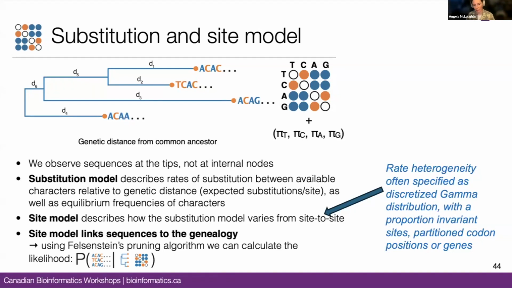And then the site model upon that specifies how that substitution model or transition rates vary across different sites in your genome. A lot of the time you'll say in your priors that you want to specify this, and you might discretize a gamma distribution with a long tail for this site variation, and you want to say, well, there's probably some proportion of invariant sites there.